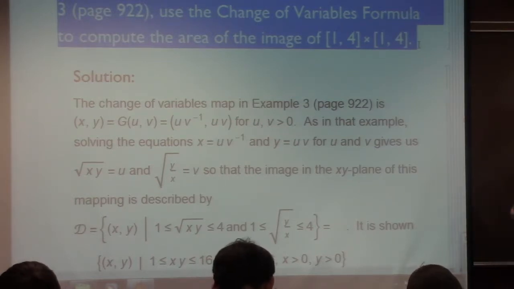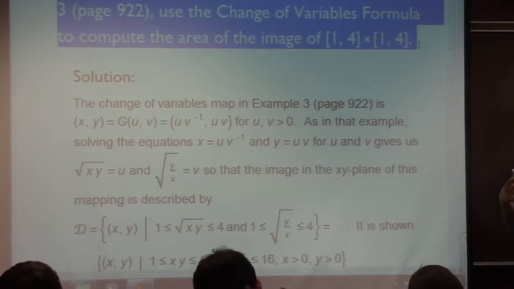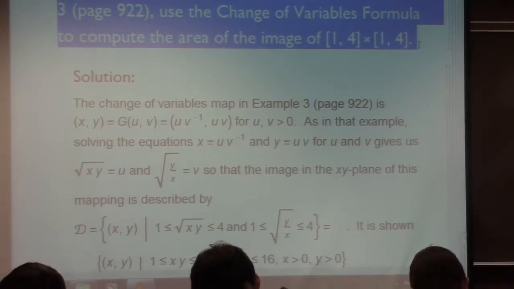The reason I put this in here is because it's a non-trivial example that we haven't done in class. What we have done in class are polar coordinate examples and the example with a parallelogram. This example is not a parallelogram. It's another shape.